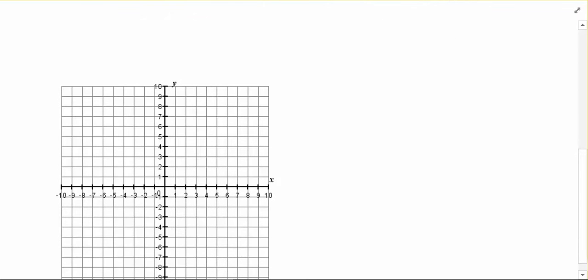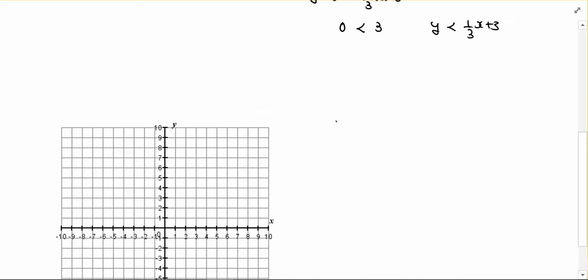So for example, let's say we wanted to draw y is less than or equal to 2/3 x minus 3. Well, the first step of this process is to graph the line y equals 2/3 x minus 3.